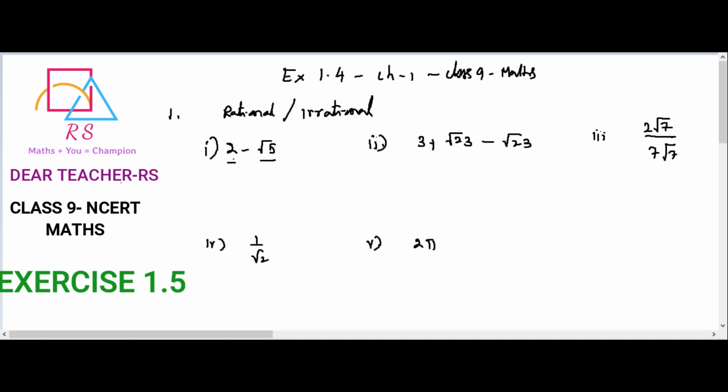So rational minus irrational is always irrational. Rational plus irrational is also always irrational. So now this is an irrational number. You have to remember one formula: the sum of a rational and an irrational is always irrational.